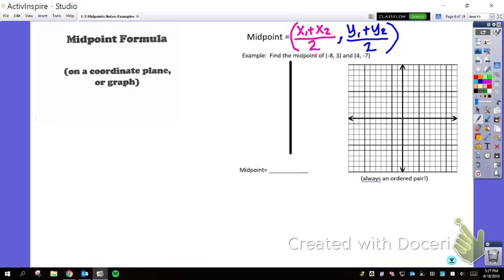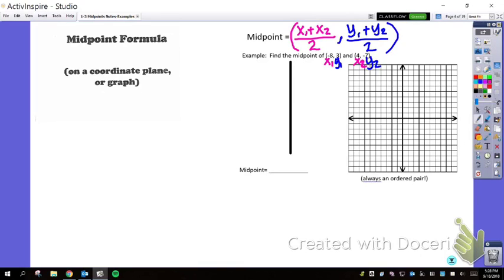Now the next thing we need to do is look at the points that they gave us. So find the midpoint of -8, 3, and 4, -7, and we're going to label our x's and our y's. We're going to have x1, x2, and we're going to have y1 and y2. Remember that x1 and y1 have to go in the same coordinate, and then x2 and y2 also have to go in the same coordinate.